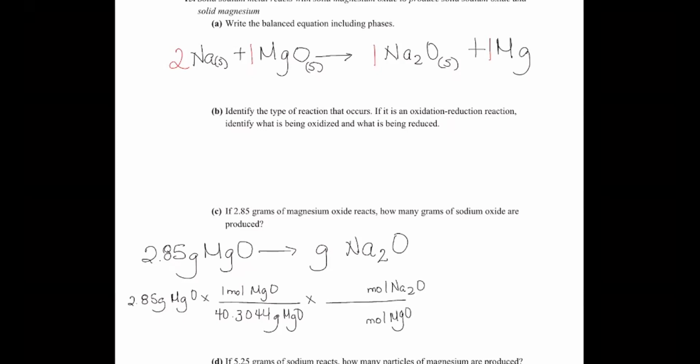Remember, this middle conversion comes from the coefficient in the balanced chemical equation. So what number goes on top, you guys? What is the coefficient in front of Na2O? Great, there's a 1 here. What is the number in front of MgO? Great, that's where we get those numbers. Good so far? Let's put a G for good.